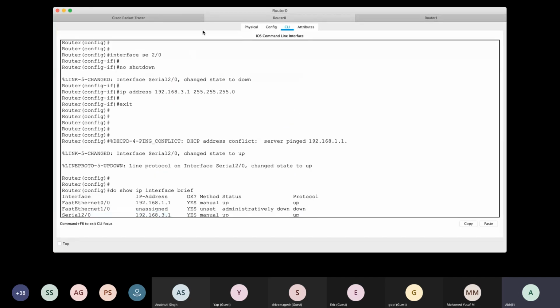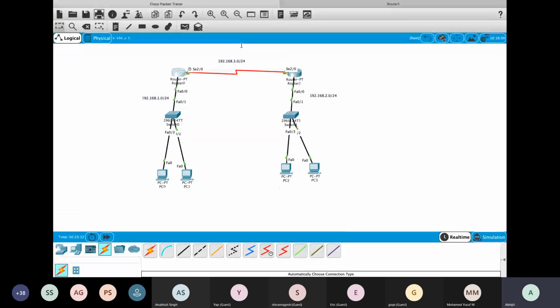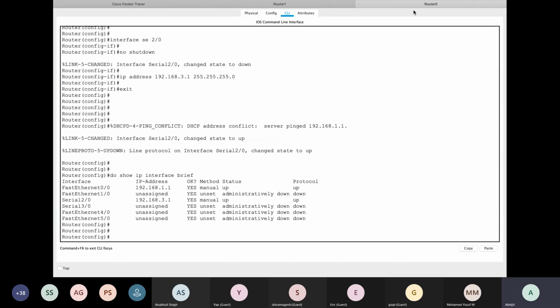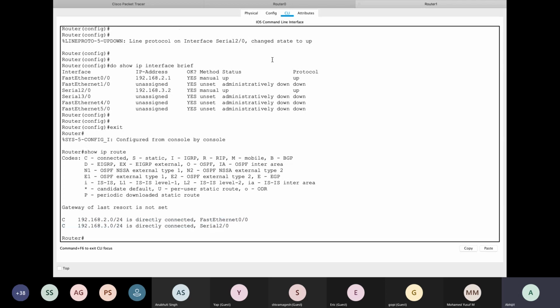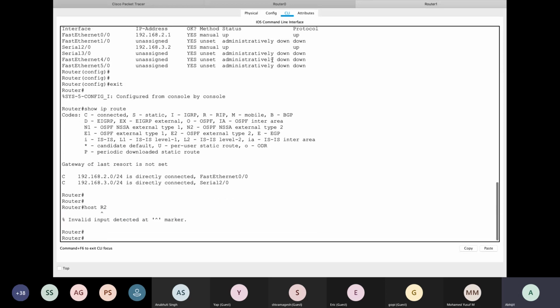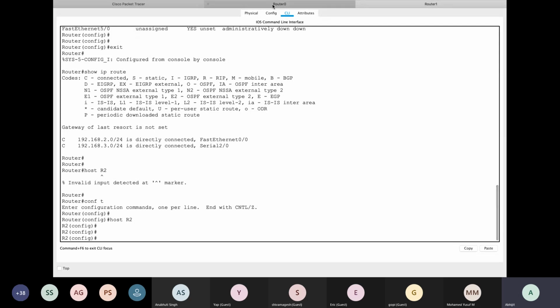Your route is advertised in a way that you open up a router and you can give this particular router a hostname R1. You can give the other router the hostname R2 by going into conf t, hostname R2. Yeah.